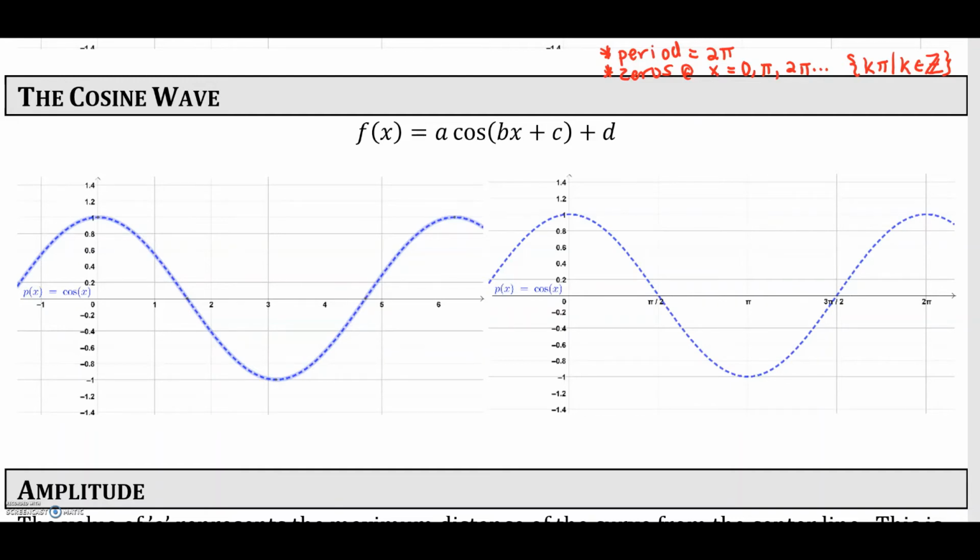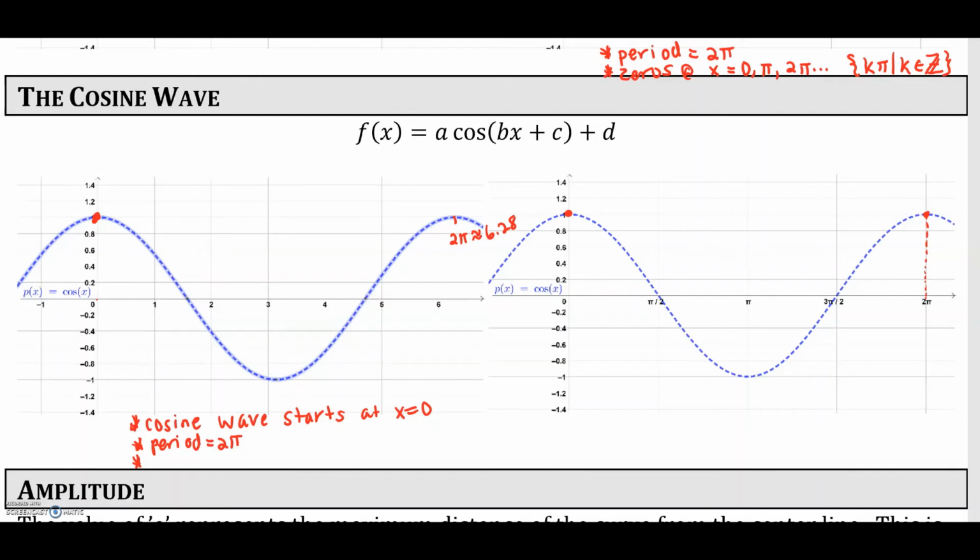Our cosine wave also starts at 0, but the value of the function is 1 when x is equal to 0, and one complete period is also completed in 2 pi. Although the period of the sine and cosine functions are both 2 pi, the zeros occur at different points.